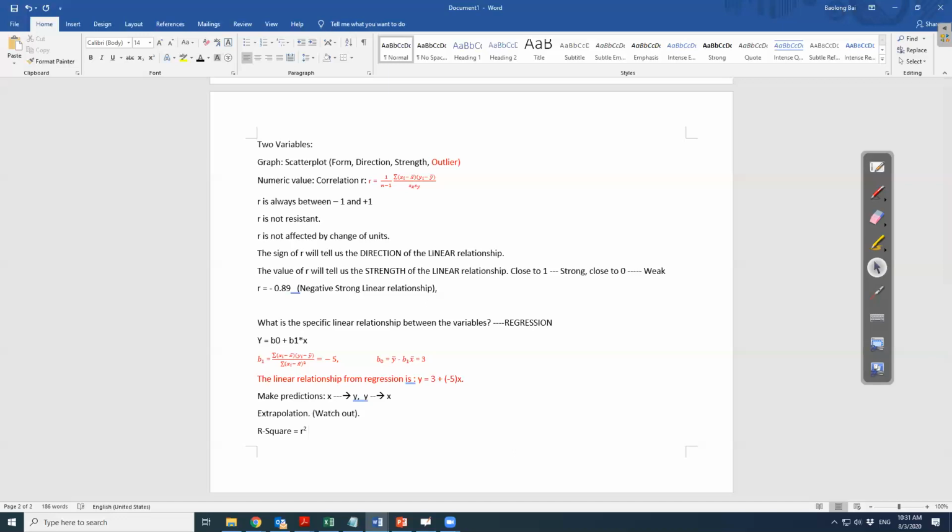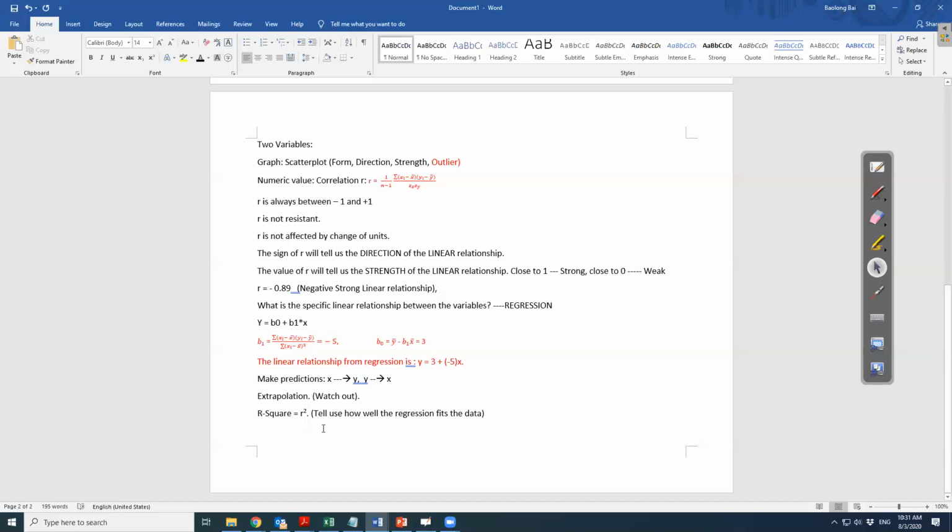So whatever correlation is, take a square of it, that will be R-square. And this will tell us how well the line fits the data.